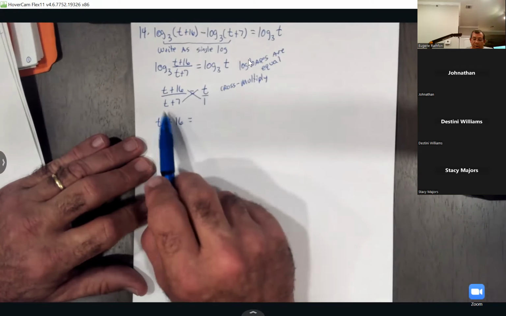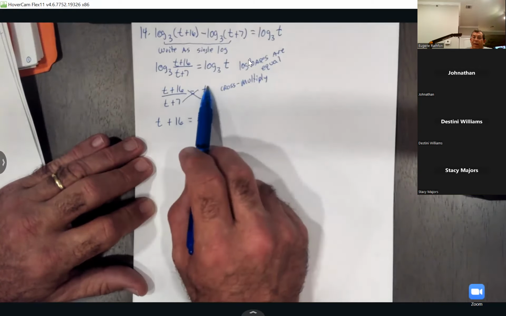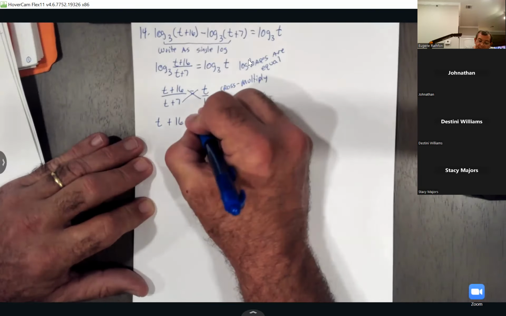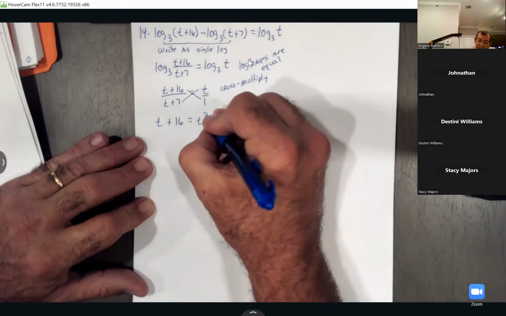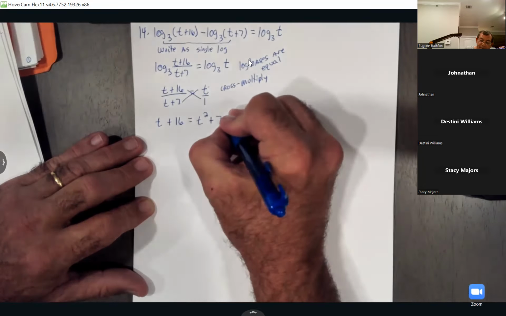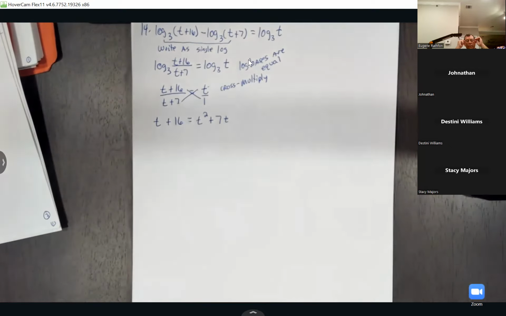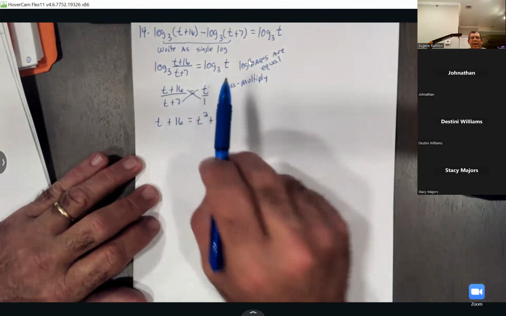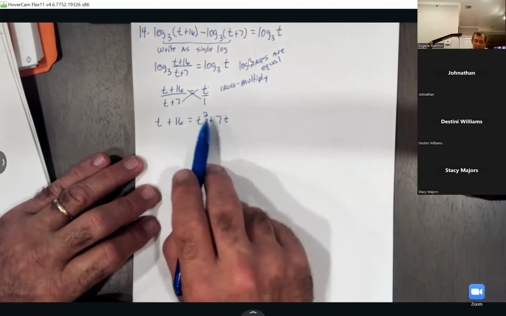But remember, both of these are going to multiply by the t. So I got a t times a t gives me a t squared plus my 7 times the t is a 7t. So that's the easiest way on these, just cross multiply, get rid of the fractions.